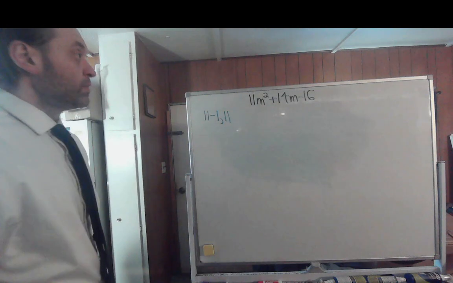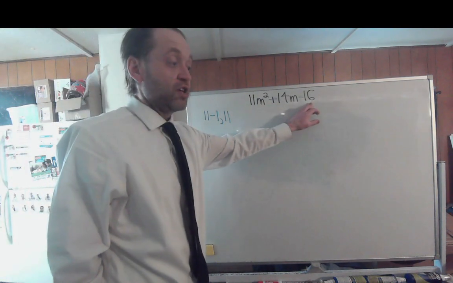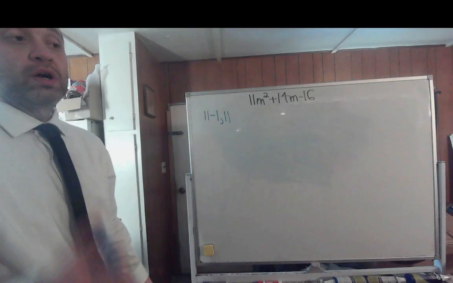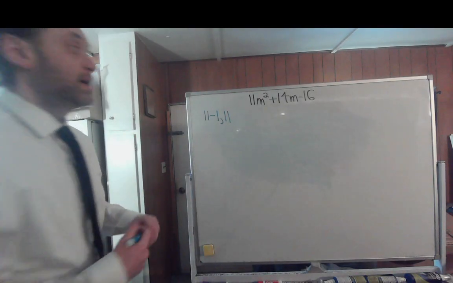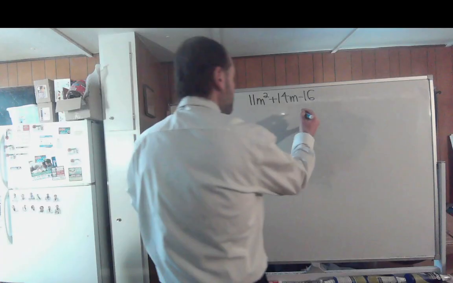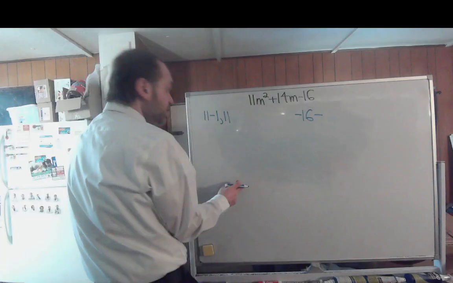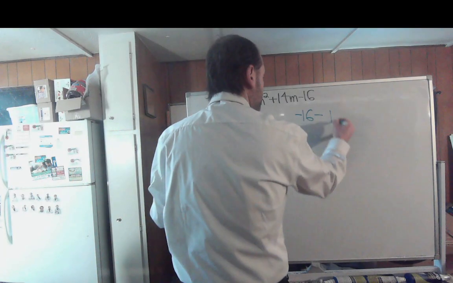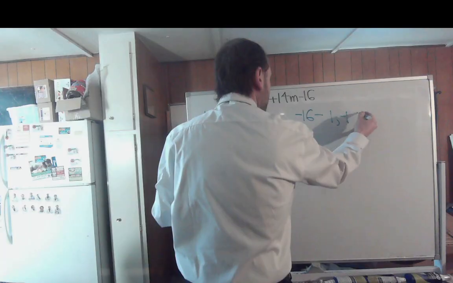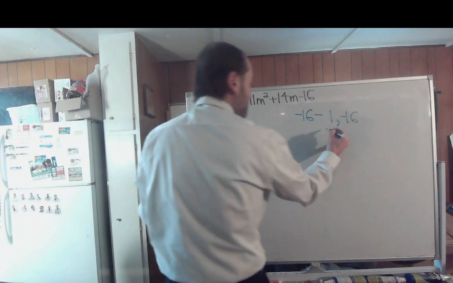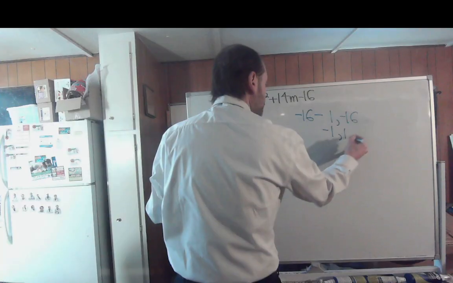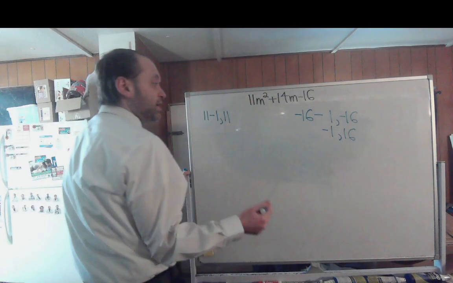Now, since your constant term is negative, that means you're going to have one positive and one negative factor. So negative 16, factors of that, you'll definitely have positive 1 and negative 16. You could flip it to also be negative 1 and positive 16. What else can you have?